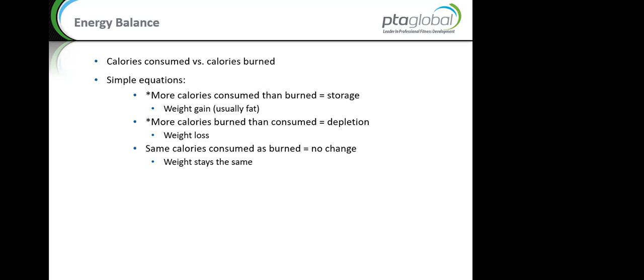It's the same with this law, which is called the law of thermodynamics. More calories consumed than burned equals storage. More calories burned than consumed equals depletion. Same calories in as out, no change. So with just as much certainty as the law of gravity, we know that this energy balance equation is correct.